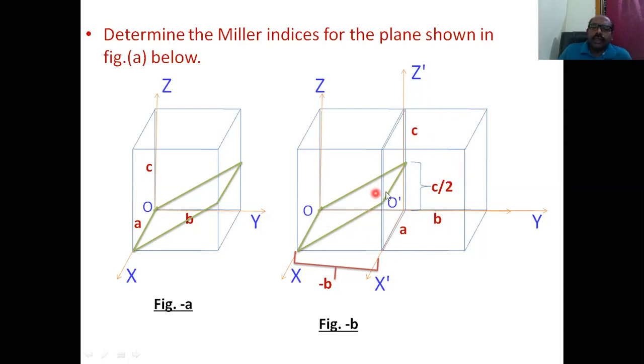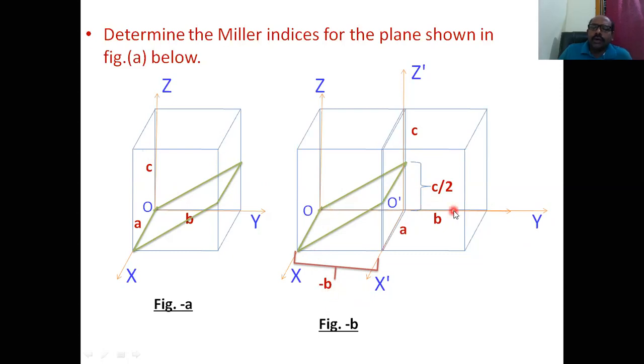If we see the same plane, it is intersecting the z-axis at half of the distance. The vector along the z-axis is c, therefore the intercept is c by 2. Similarly, on the y-axis, the left side of O dash is minus, so the same plane is intersecting the y-axis at minus b distance, as shown here.